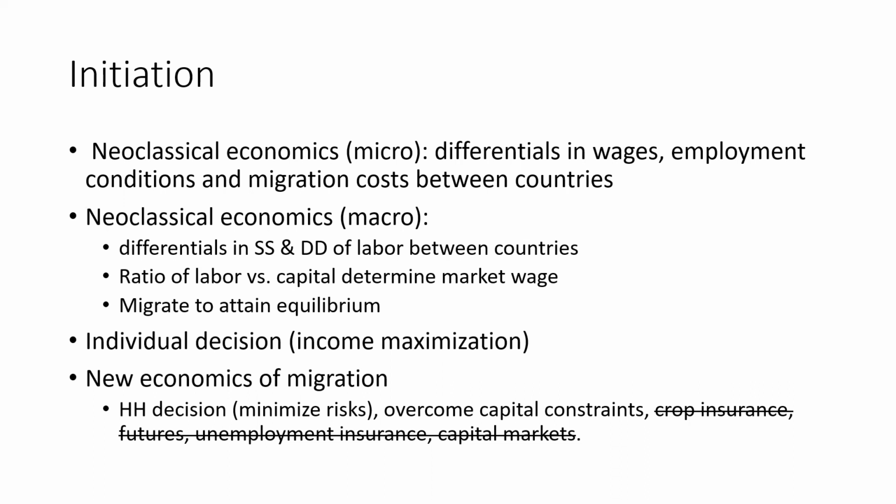However, we know, like many other theories, the neoclassical economics theory is not perfect. And because of that, a few other researchers revised this theory and called it the new economics of migration theory or the new economics theory of migration.